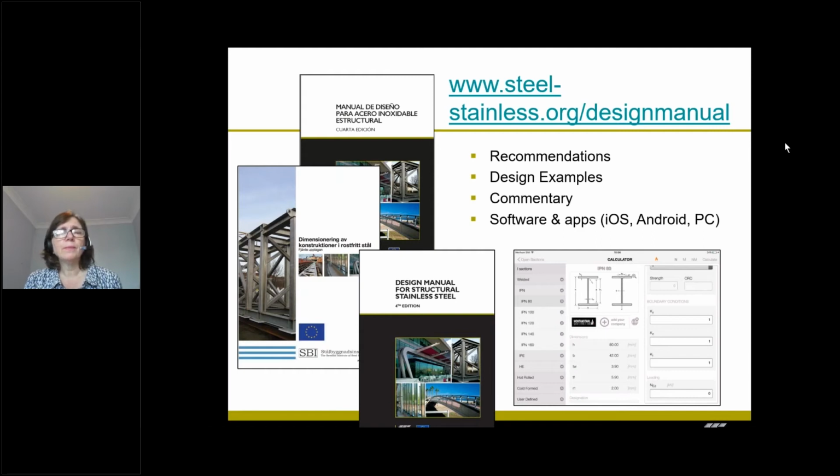It's accompanied by design examples, by a commentary, by software, by a webinar, etc. And I think why this guide is useful is the Eurocode is just supplementary rules, so it's a bit difficult to use, but the design manual tells the story from the beginning to the end, and it includes all the rules you need for designing a beam or a column.